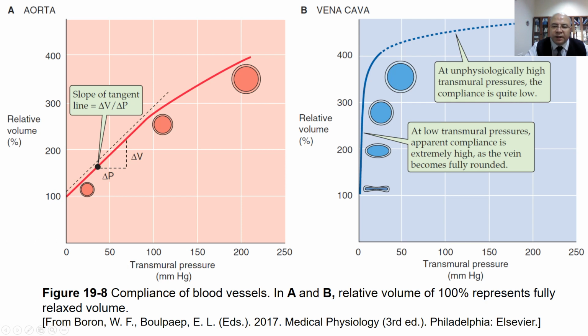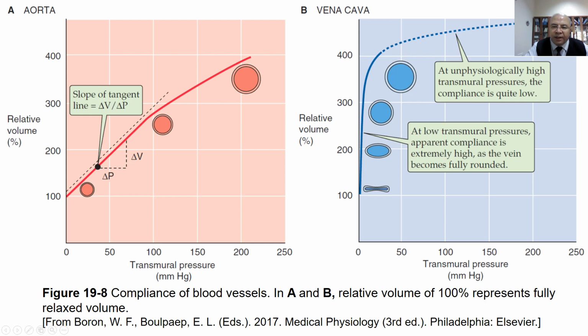When the pressure increases, at very low blood pressures actually, maybe around 5-10 millimeter mercury or so, first its shape becomes ellipsoid, and then when you continue to increase the pressure inside of the vein, you see the volume and shape increases.